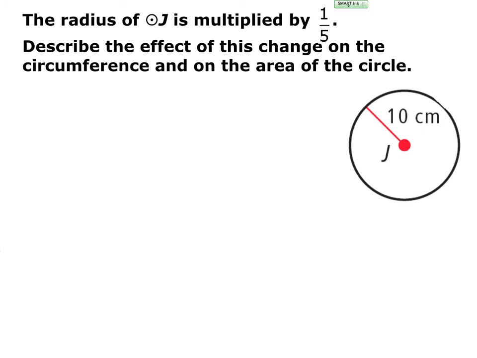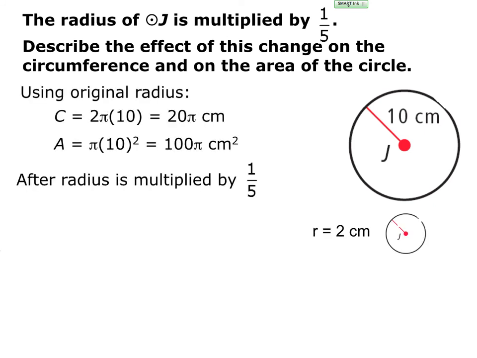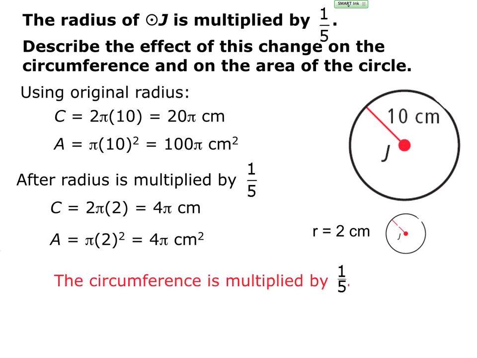If you change both dimensions, the perimeter changes in the same way. So the perimeter is going to be 1/5 as much. Okay, I did some calculating, I'm going to skip that. The circumference is going to be 1/5 as much. What's going to happen to the area?